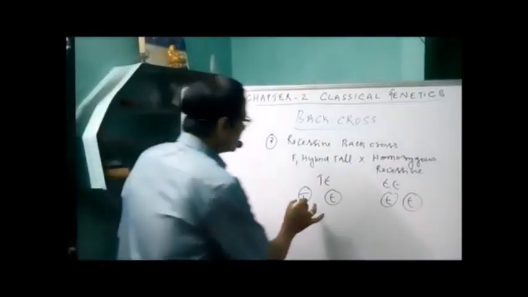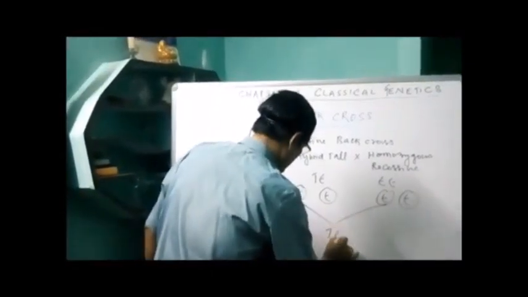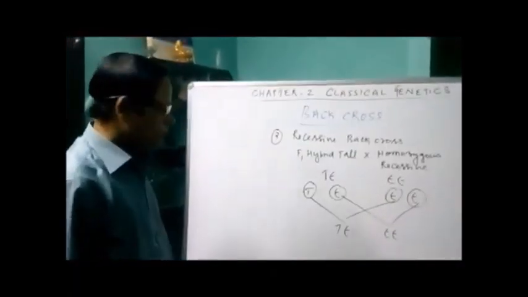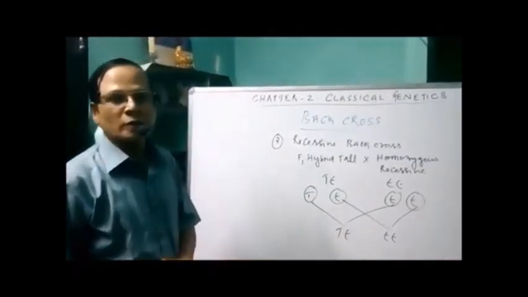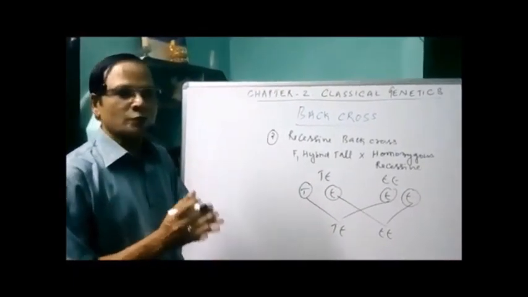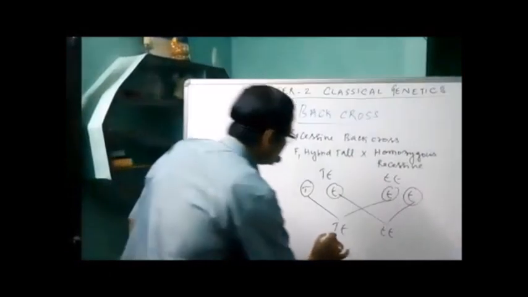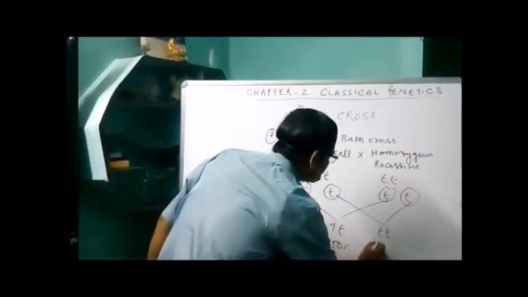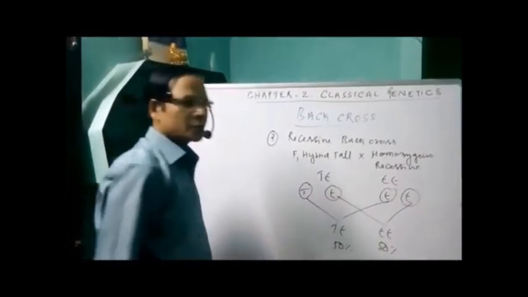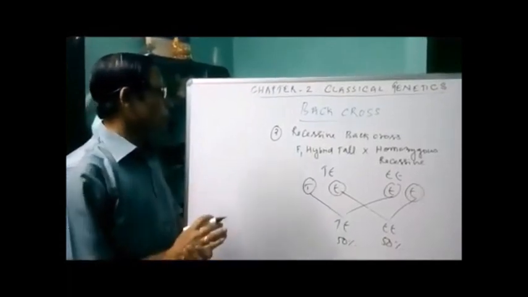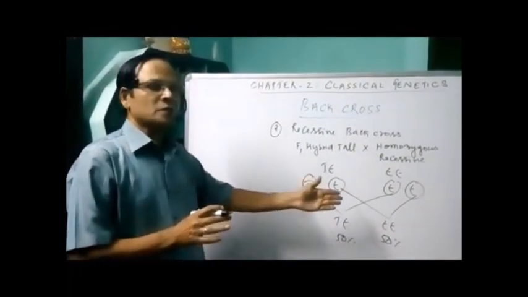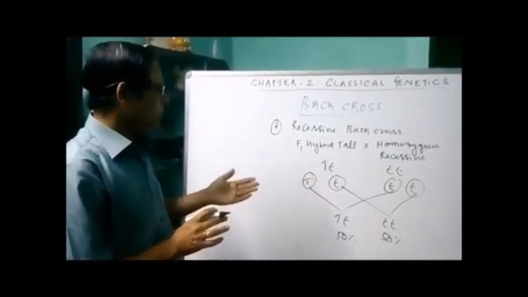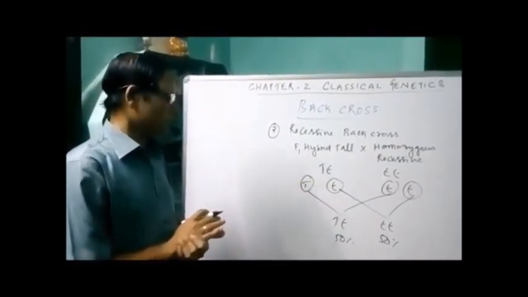If we make a cross here, you see that both tall and dwarf characters appear in equal proportion, 50% tall and 50% dwarf. So in a recessive backcross, there is an appearance of recessive character. That's why normally we take this recessive backcross.